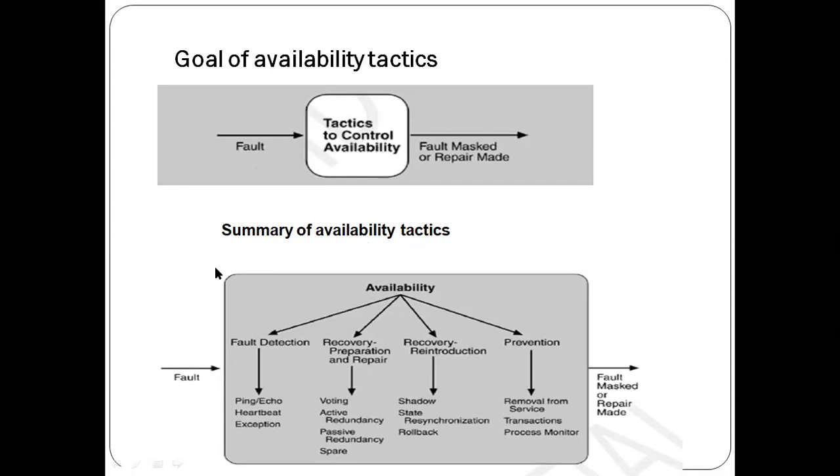Same fault, and tactics, which means design, and here fault masked or repair made, the same diagram here. So what is the design? If one fault occurs, what tasks should be performed internally in the availability unit? How are we going to design that?